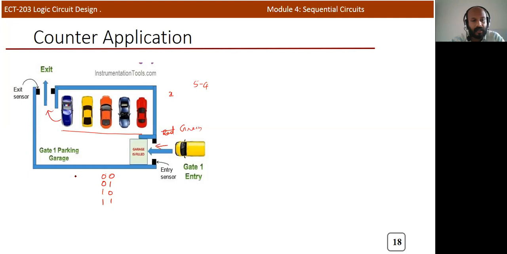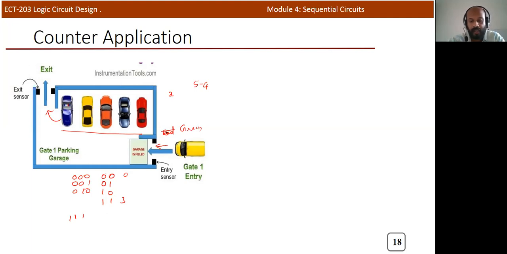Similarly, if it is 3 bits, you can count from 000, 001, 010, up to 111. You will get 8, so 0 to 7 you can count. Here it is 0 to 3. So this is the basic concept of one application where we are using a counter.